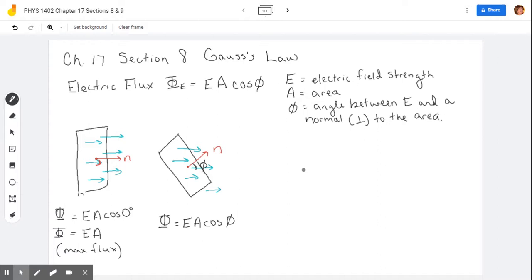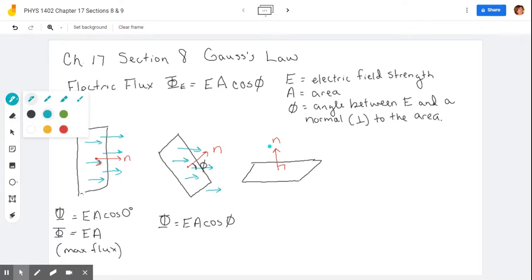And then finally, we can picture a scenario where we rotate our surface like this. Now if I draw my normal, the normal would actually be pointing up. Again, remember the normal is always perpendicular to that area.